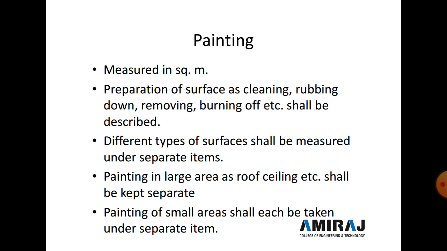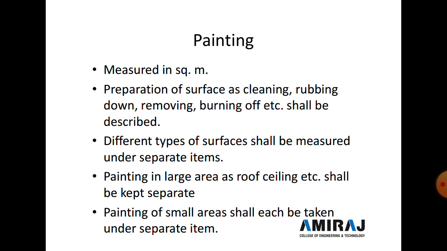Painting shall be measured in square meters, stating the number of coats. Here we count length into width, always as an area in square meters, and we state the number of coats. In painting we apply a first layer, second layer, third layer, so the number of coats is counted as well.